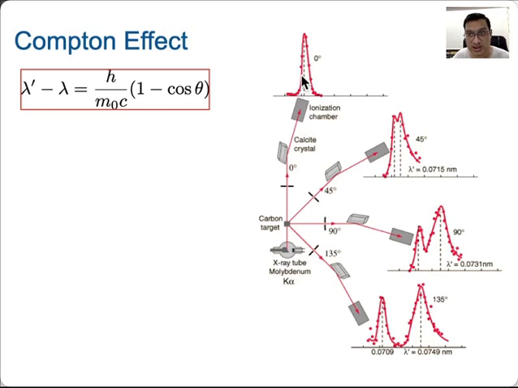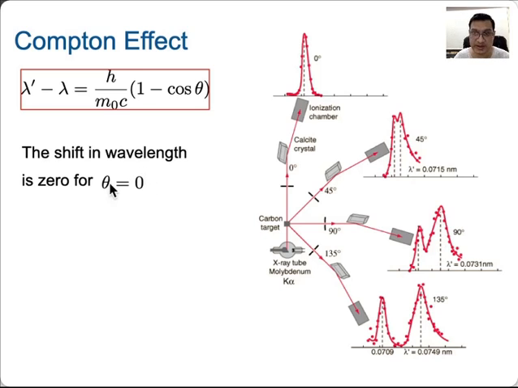At 0 degree you have only the unshifted peak, and once you move from 0 to 45 degree, you start seeing an additional peak. And as I told you in the earlier slides, as you increase the angle to 90 degree, you see this peak more prominent, and the difference between the shifted and unshifted peaks increases.